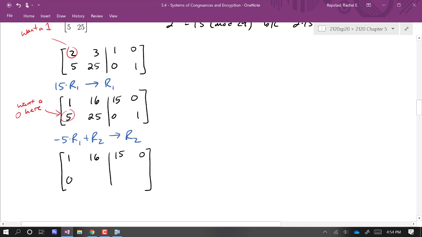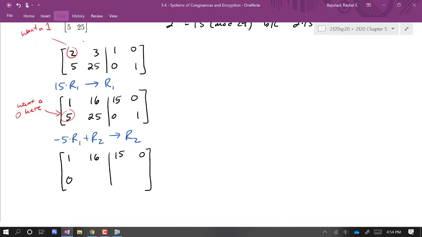The first entry I know is going to be 0. That's how I chose this row operation. -5 times 1 is -5, plus 5 is 0. So for my next entry, I want to multiply 16 by -5 and then add it to 25 and reduce mod 29.